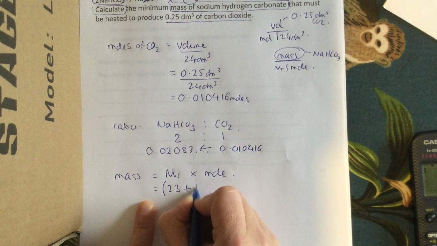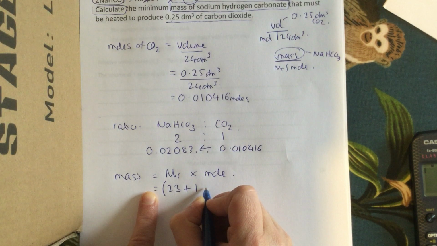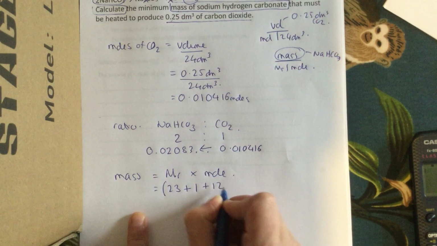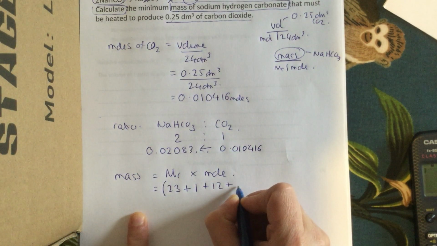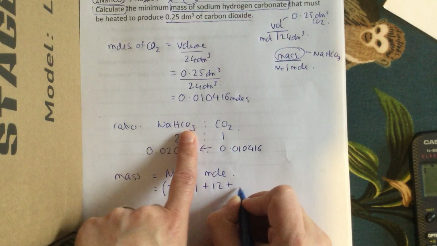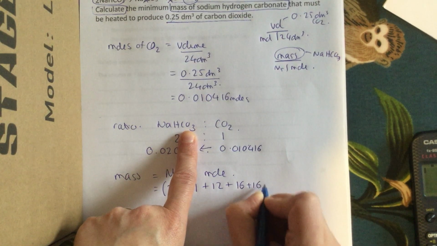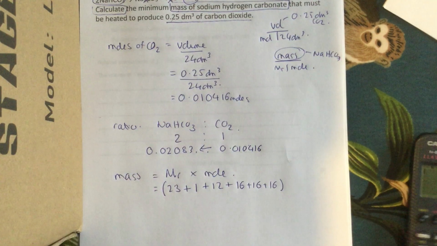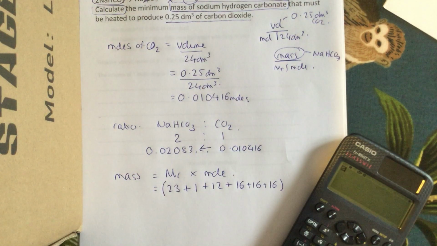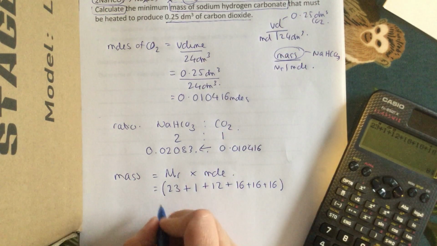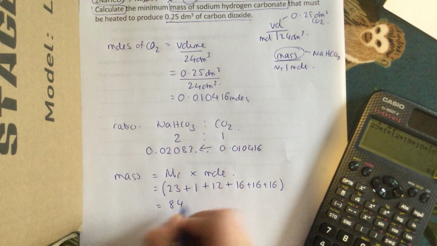Hydrogen is going to be 1, and carbon is going to be 12, and oxygen is going to be 16, but I've got 3 of those. So I've got 23, 1, 12, gives me 84. So that's my Mr.